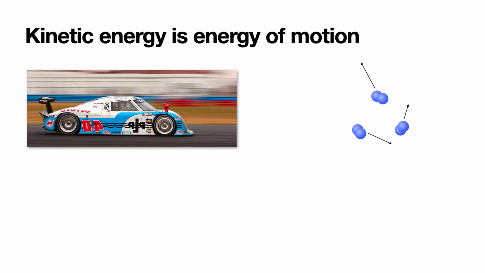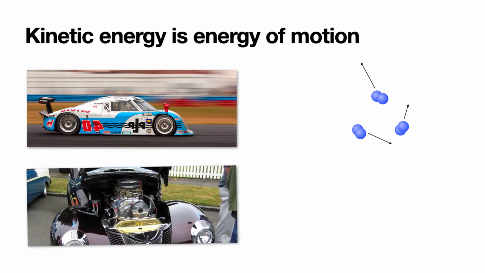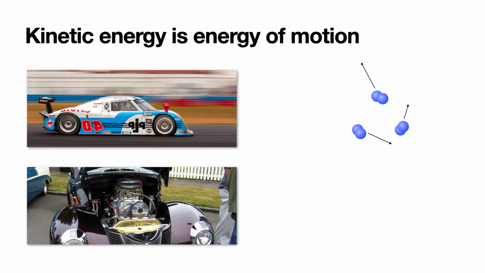Molecules can have a lot of kinetic energy. Another place where you see kinetic energy in mechanical situations is in reciprocating or vibrating motion, for example, in an internal combustion engine in an automobile, and in chemical systems, we often see this as vibrations of molecules. And so both of these are examples of kinetic energy, energy that is due to the movement or the motion of objects or molecules.